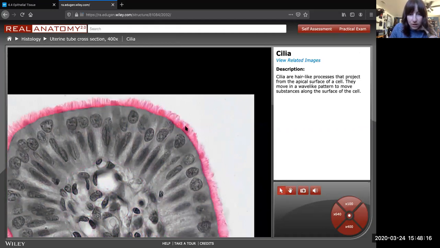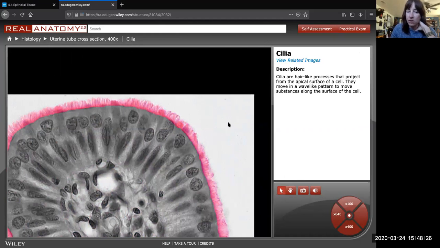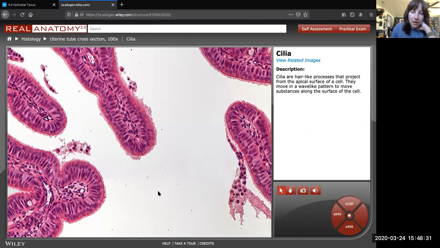So you can actually highlight the cilia specifically here. So this is, again, uterine tube, also known as fallopian tube, where the lumen is where the egg passes through, and all of these cilia lining the inside of this hollow tube are sweeping in one direction to keep the egg moving in the direction of the uterus, right?